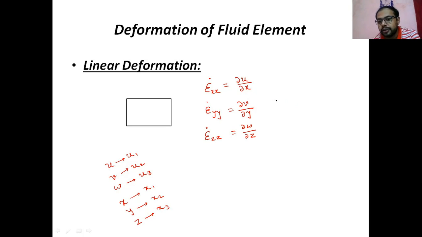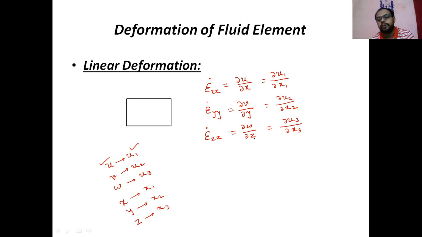In higher advanced fluid mechanics, we write this way to keep the indices. So it comes as du1/dx1, du2/dx2, du3/dx3, replacing u with u1, v with u2, and w with u3.